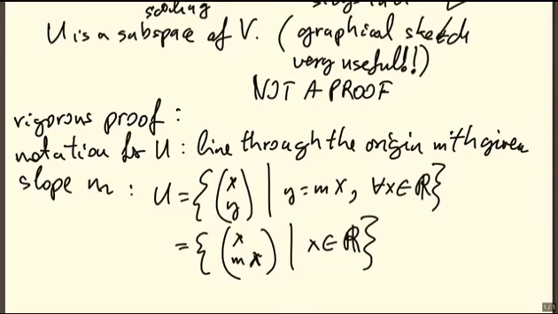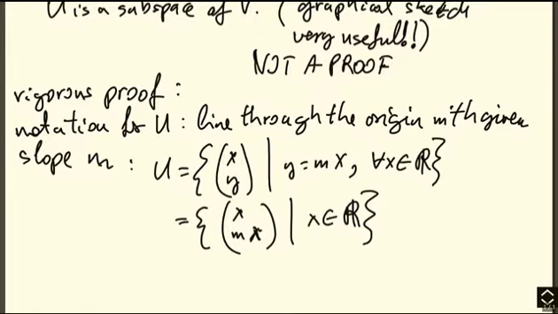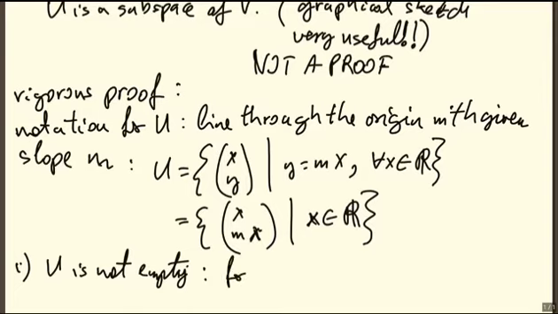And then we have to show things like U is not empty. That means we have to show that it has at least one element. We see that x can be any real number, so let's choose one x. So for x equals 0, we have (x, mx) is (0, 0).